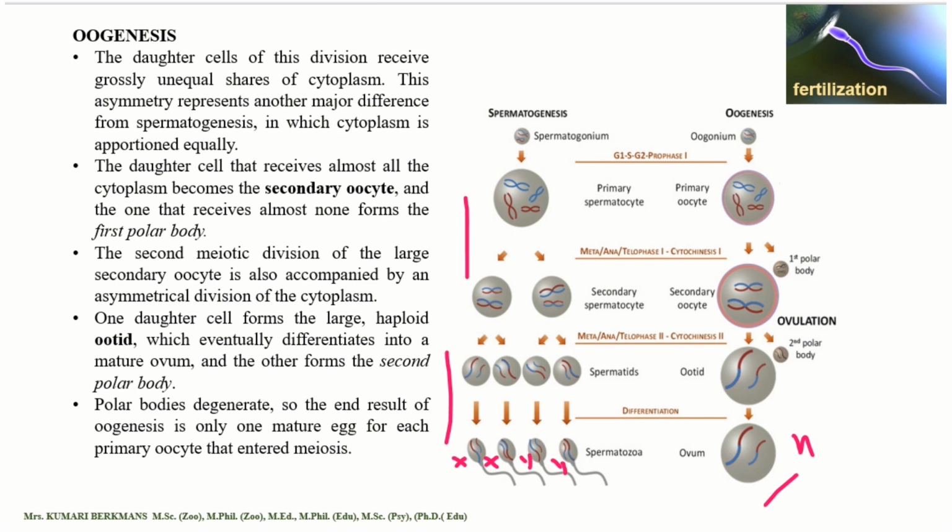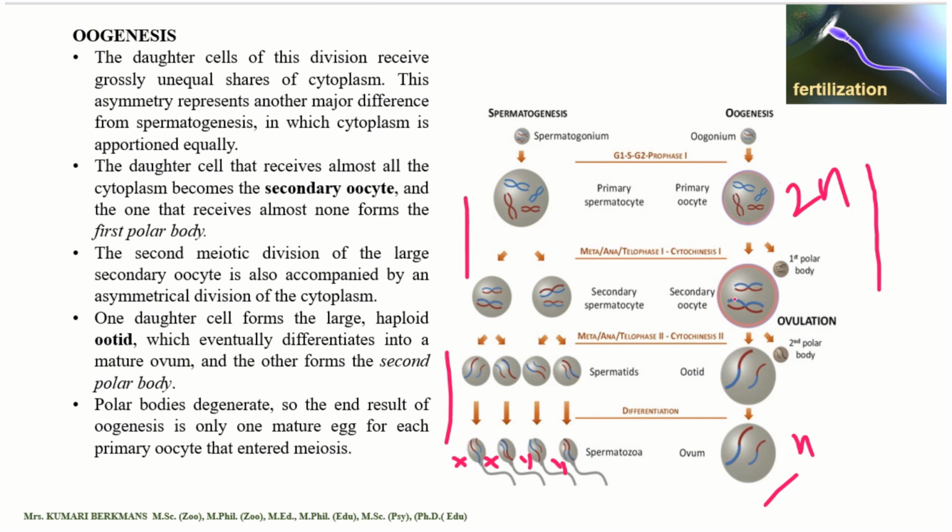So what happens to the other chromosomes? Let us see. This is the oogonium. From the oogonium, the primary oocyte forms. This possesses 2n chromosomes, and the first division, that is first meiosis, is a reduction division, so 2n is reduced to n.